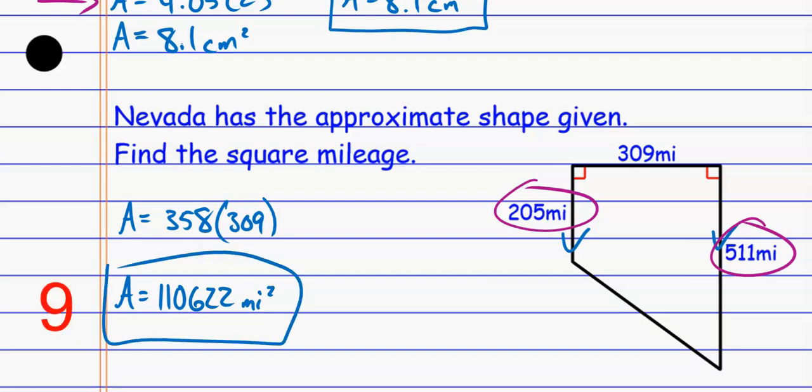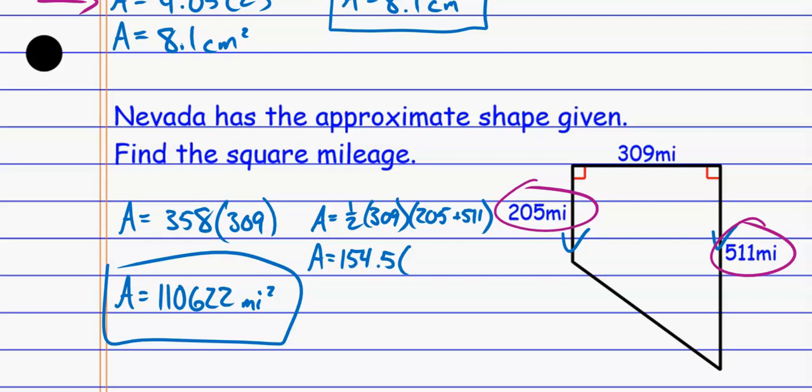If I'm plugging into the actual formula here, here's what it looks like. Let me do the 1/2 times the height, which is 309 this time. And then times the bases added together. And so as I simplify this thing, I might take the 309 times the 1/2 first, and that gives me 154.5.